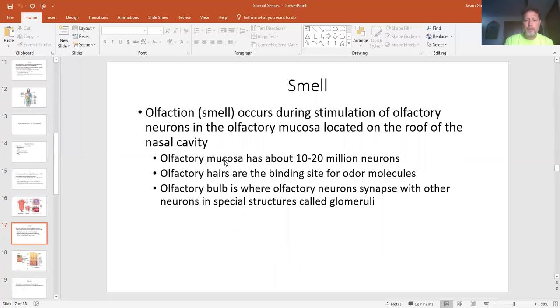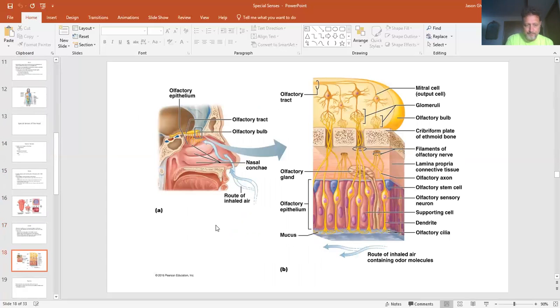All right, smell, again, is going to occur in the olfactory region of the brain. We have about 10 to 20 million of these neurons doing this. The hairs in our nose catch our odor molecules and then transmit those to the nerves, which take it to the olfactory lobe and on to the brain, which lets us identify a sense of smell.